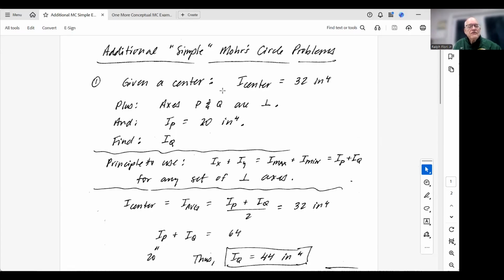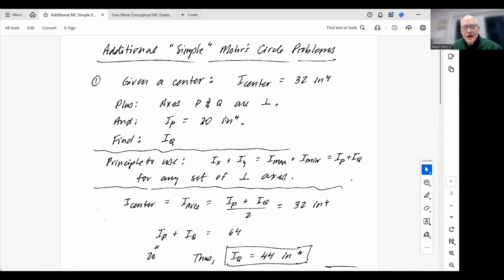And here's a problem. It gives you a center. I center is 32 inches to the 4th, which is I average. It tells you that axes P and Q are perpendicular to one another. It gives you IP is 20 and asks you to find IQ. You're going, okay, so what do we do with this?